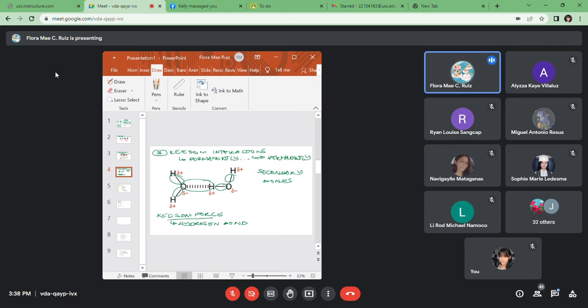For example, how do we differentiate van der Waals bonds? When you heat your water to a boiling point, this already breaks your van der Waals bonds, but what you see is that it changes your water into steam. With respect to the covalent bonds that are joining your H and O, you need a higher temperature to break the covalent bonds that join the oxygen and hydrogen atoms together.